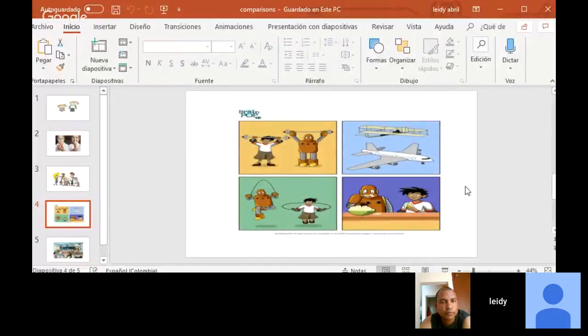Now, first you use the comparatives, okay? Now, you can say four sentences using the comparative, please.